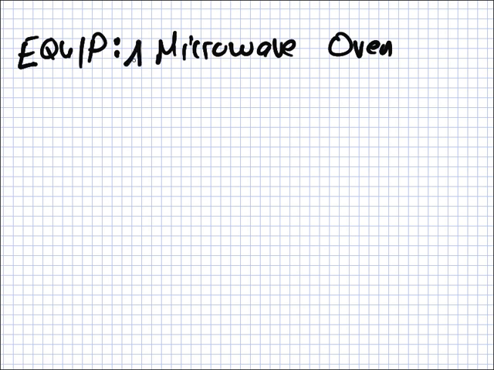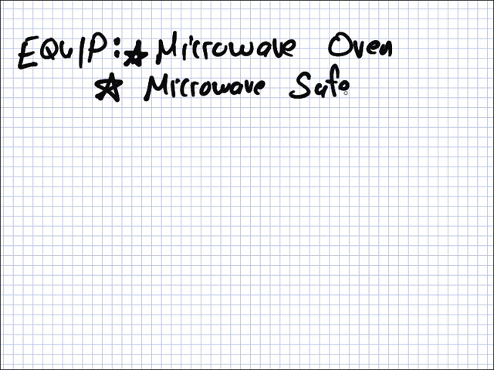Correct. So, equipment. Microwave oven. And then, what else would we need? I would say we would want to have microwave safe beakers.